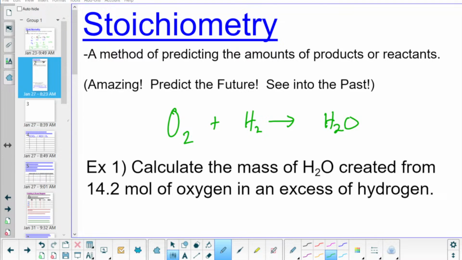Why is the molar mass of H2O 3? It hasn't changed.